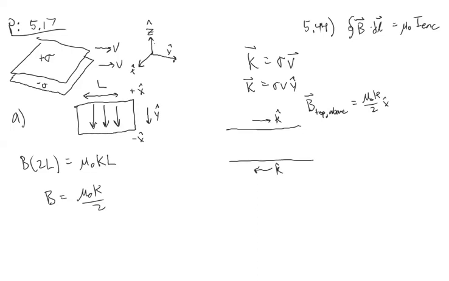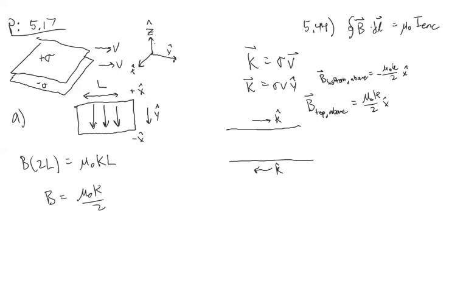Now the B field from the bottom plate above the plates is the same magnitude, but the opposite direction, since it is the opposite direction of the current.